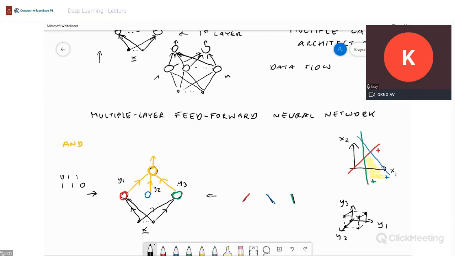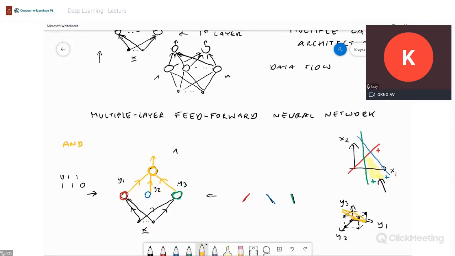If I am interested in this region here, the task of how to respond to something that is inside this region is the problem of how to separate this one vertex from all the remaining ones.